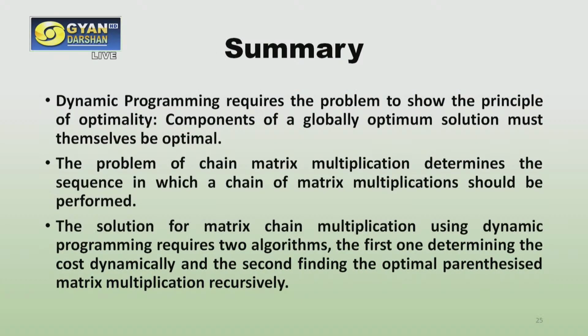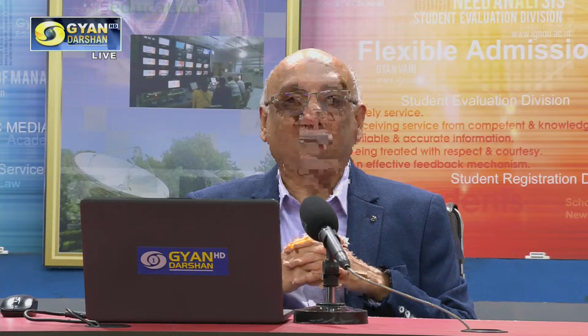The solution for matrix chain multiplication using dynamic programming requires two algorithms, and we have studied both. The first determines the cost dynamically, and the second finds the optimal parenthesized matrix multiplication, which is a recursive algorithm. With this, I end this particular session. Thanks for being with me.